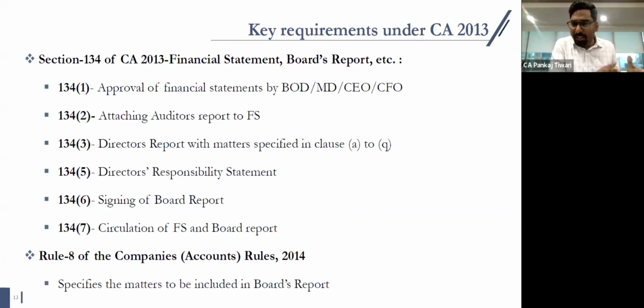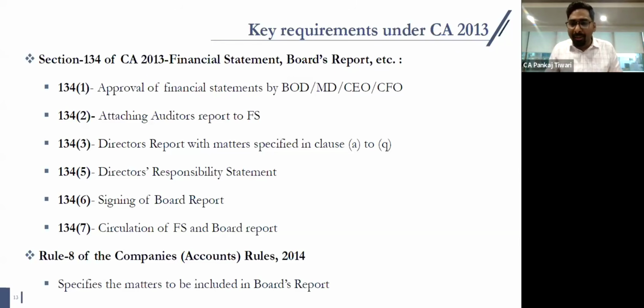So unlike the SEBI LODR, which very clearly prescribes the things which should be there in the annual report, section 134 gives an outline which needs to be complied with by all private limited companies, and it is also supported by Rule 8 of the Companies Accounts Rules, which requires you to give a lot of information in the board report.